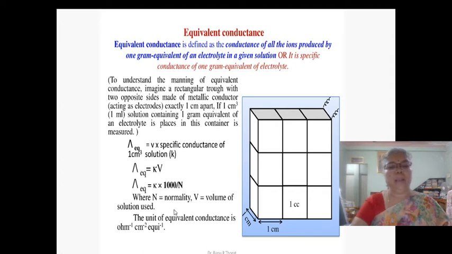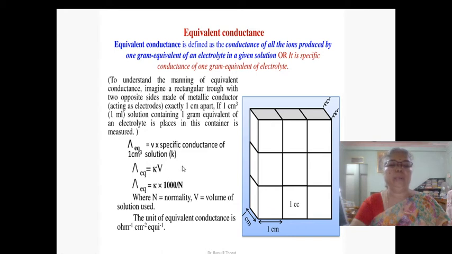Therefore, according to this, the unit of equivalent conductance is ohm inverse centimeter square into equivalent inverse. This is the explanation of equivalent conductance. Remember, in short, equivalent conductance is the product of specific conductance and the volume of the solution.